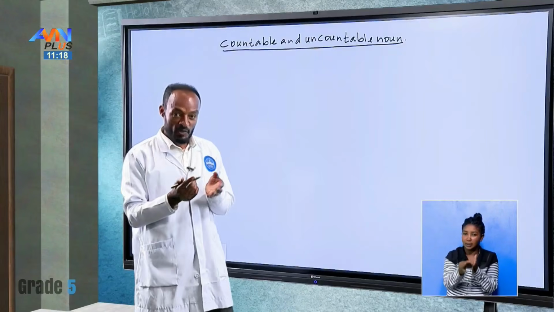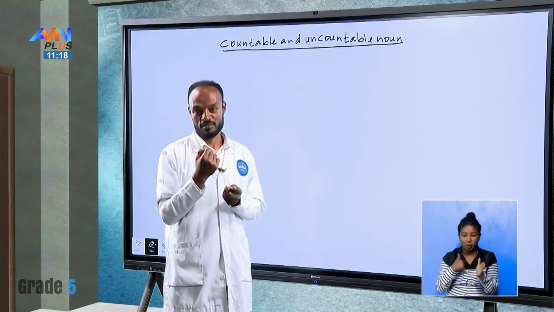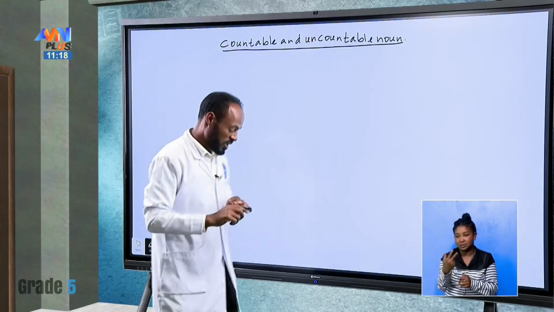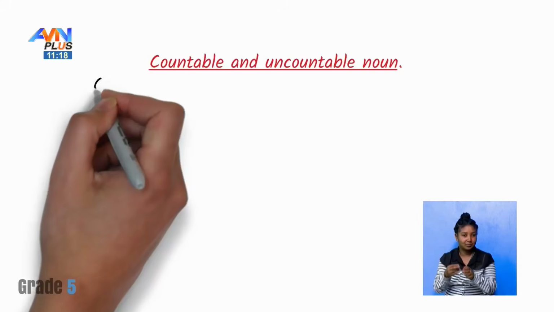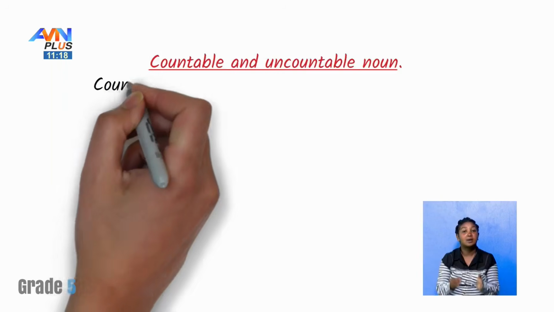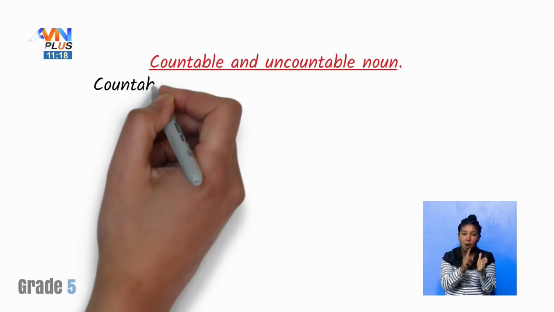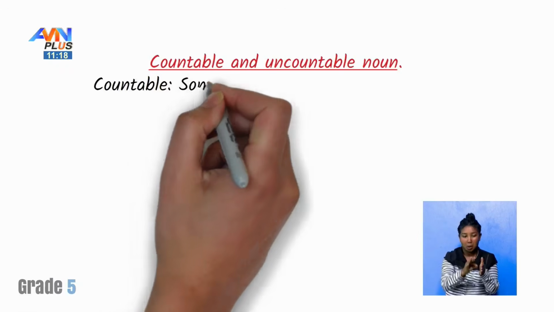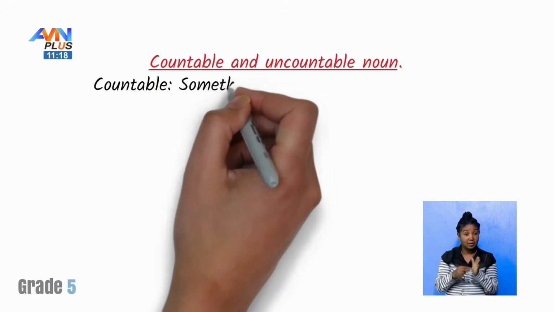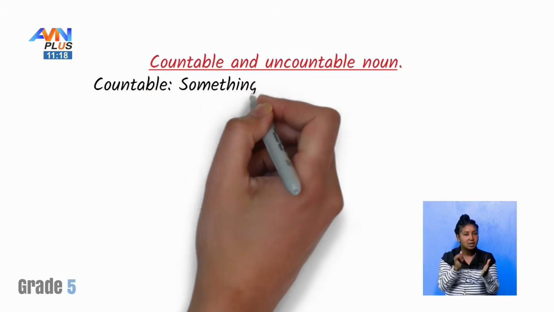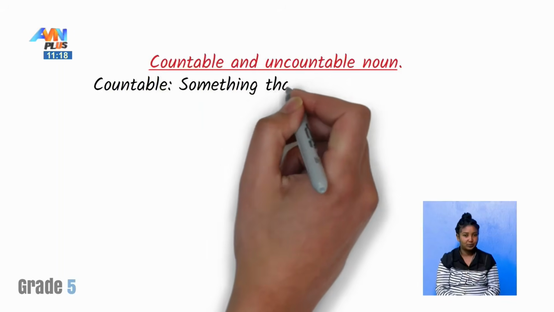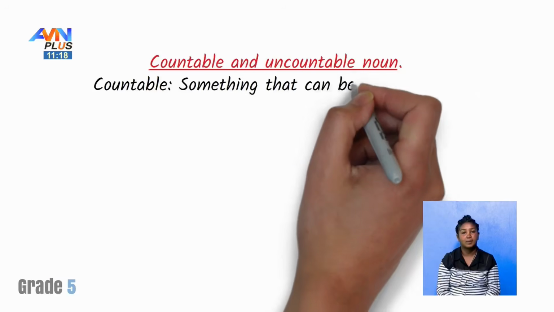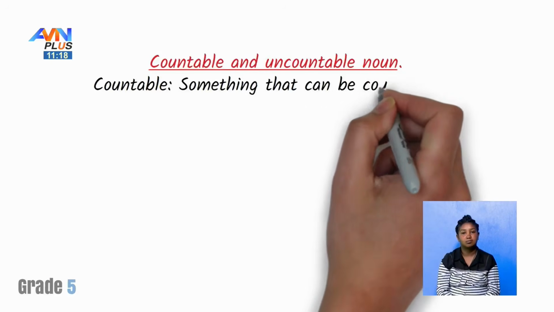Countable means something which can be counted. You can say 1, 2, 3, and so forth. Count means just counting by saying 1, 2, 3. Able means it can be counted, okay? So this means something that can be counted.